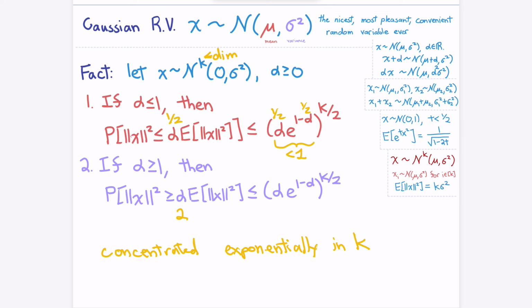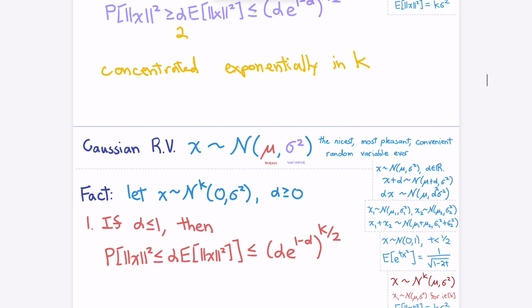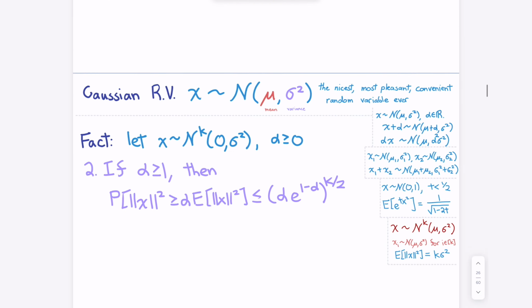So high dimensional Gaussian vectors, as far as their length goes, are extremely predictable. Yeah. So that one bound with the epsilon squared minus the mean. Okay, so we'll come back to prove this then.